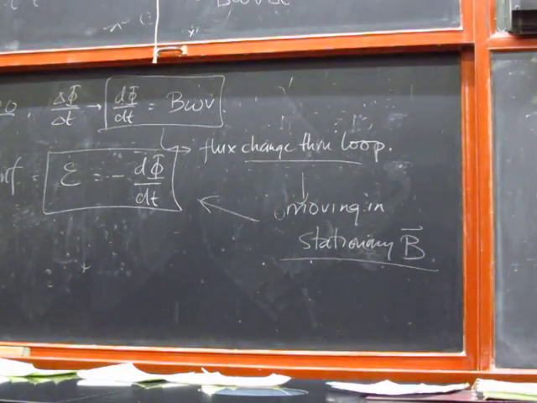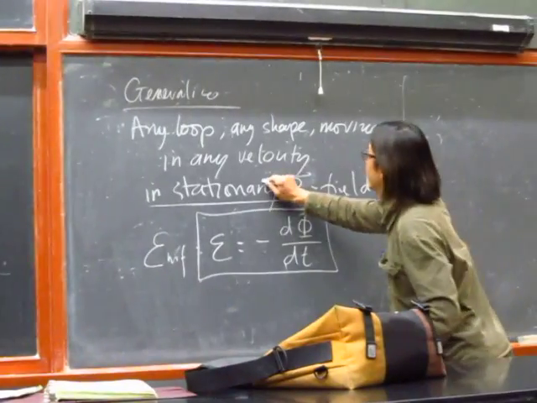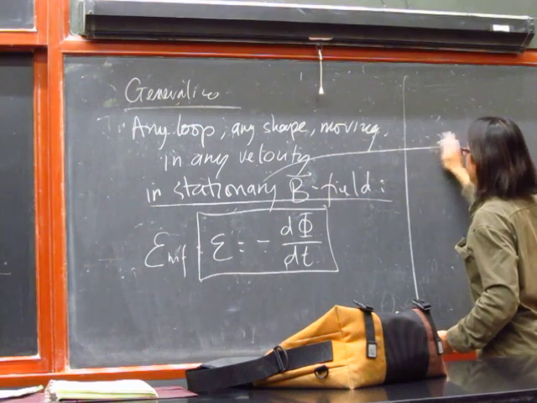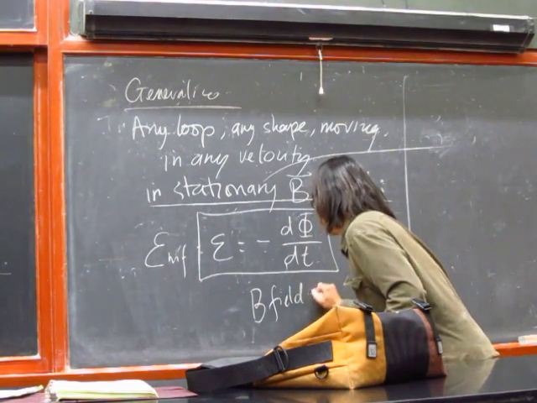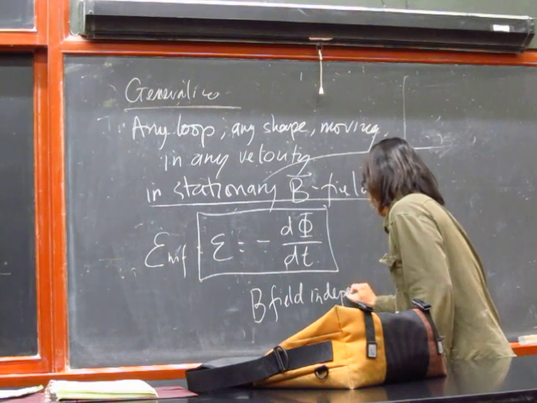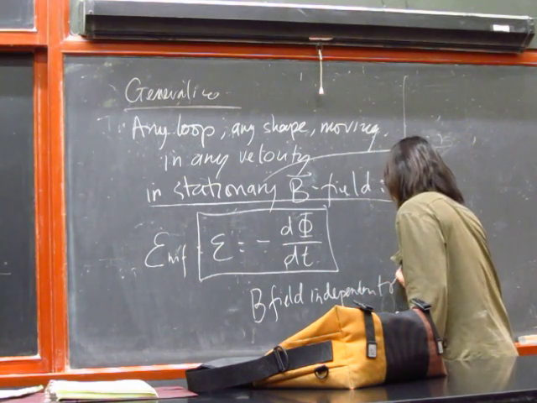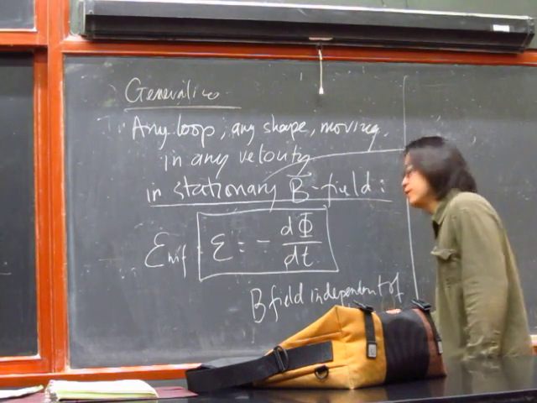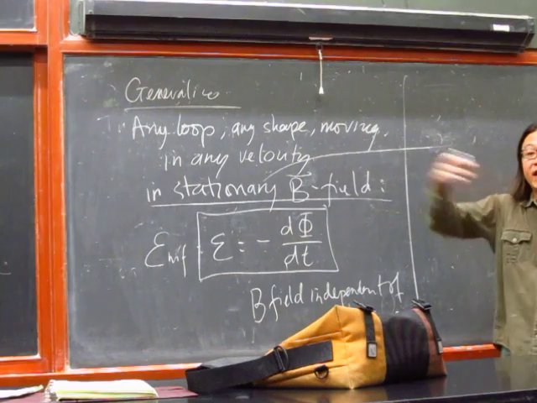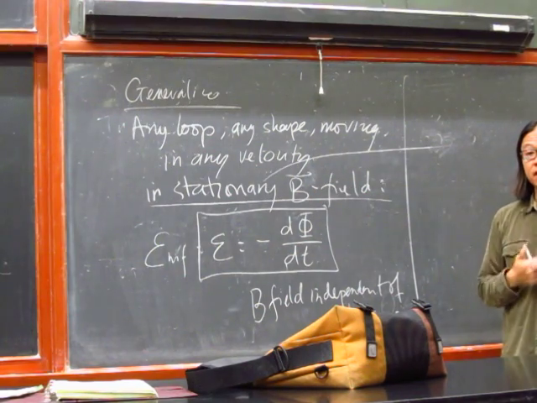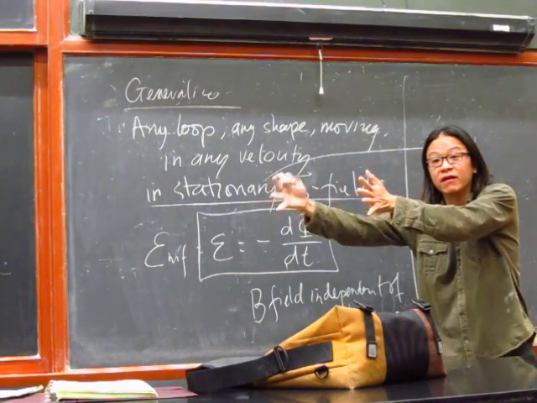Meaning that the B field doesn't change in time. Independent of time. It's not changing in time. But it can have variation spatially. It can be strong here and weaker here.